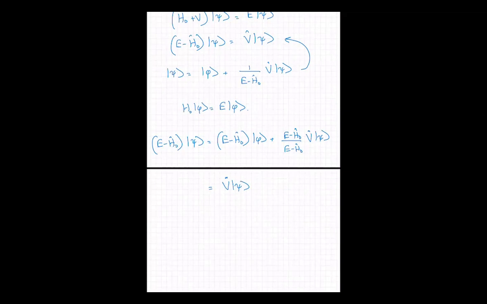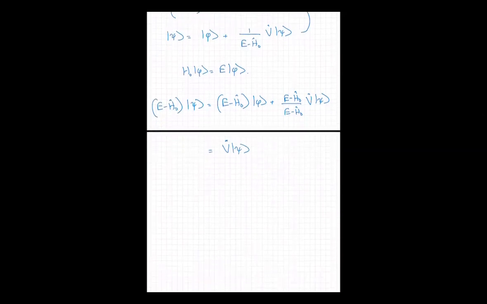So we've always thought of operators as acting on vectors to give you a new vector. But how about the inverse of an operator? How do you understand the inverse of an operator? The inverse of an operator can be understood in terms of what is called a Green function.